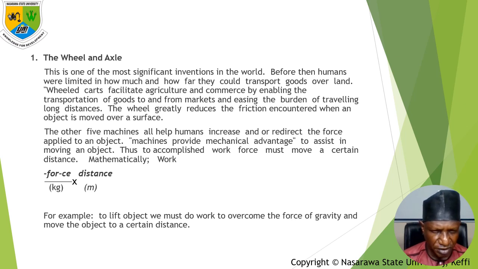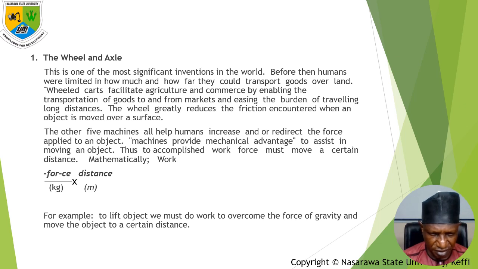Before, humans were limited in how much and how far they could transport goods over land. Wheel carts facilitate agriculture and commerce by enabling the transportation of goods to and from markets and easing the burden of traveling long distances. The wheel generally reduces the friction encountered when an object is moved over a surface.